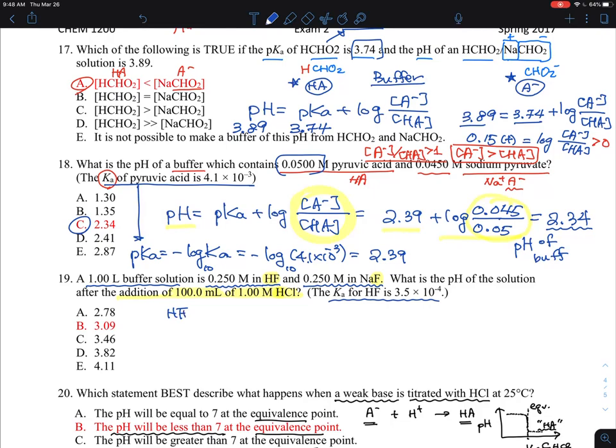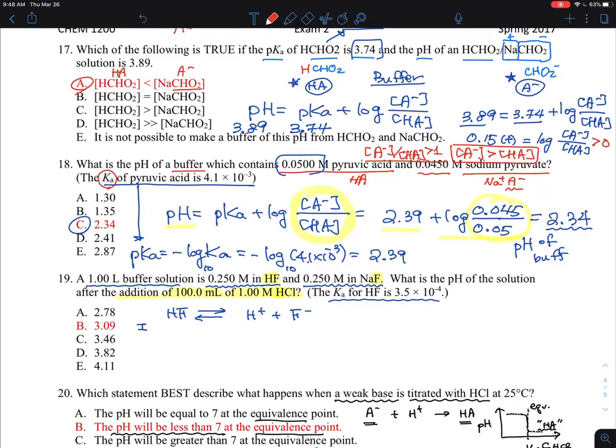Okay, so HF, and then that's H plus, F minus. And in the beginning, I am going to write down not in terms of concentration, but let me just consider this as a number of moles here.